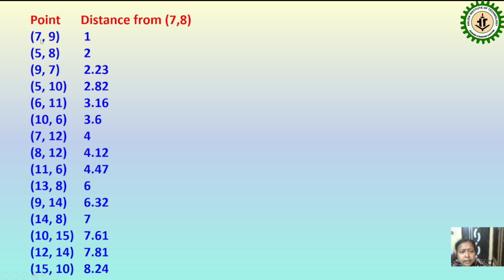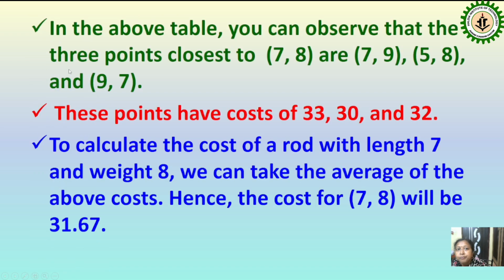Now already in the table, for the point 7, 9, some cost is given. For the data point 5, 8, the cost value is given in the table. For the data point 9, 7, the cost is also given in the table. Now in the above table you can observe that the 3 points closest to 7, 8 are 7, 9, 5, 8 and 9, 7.